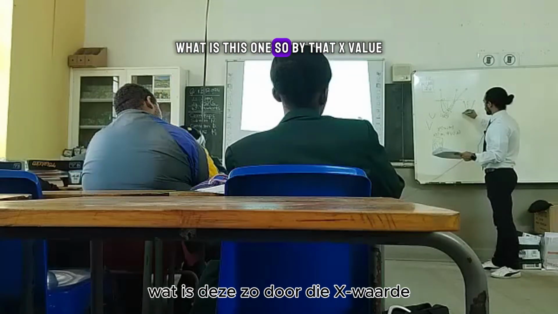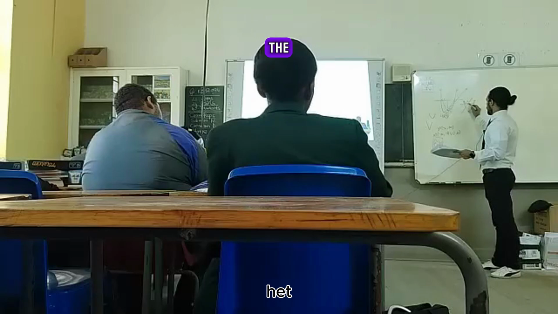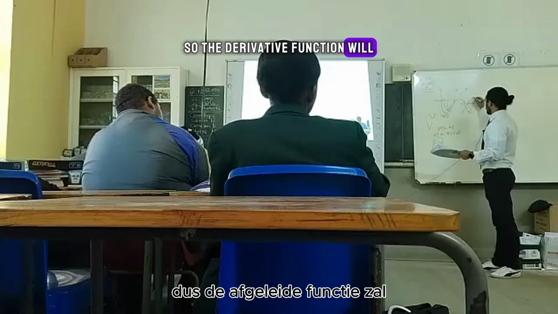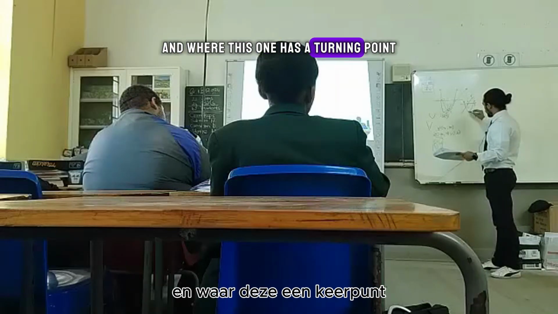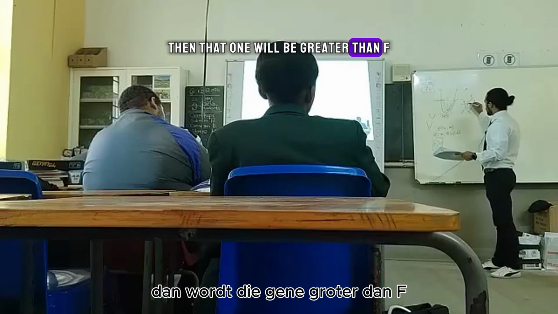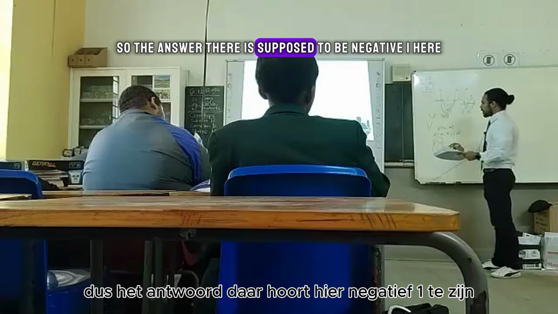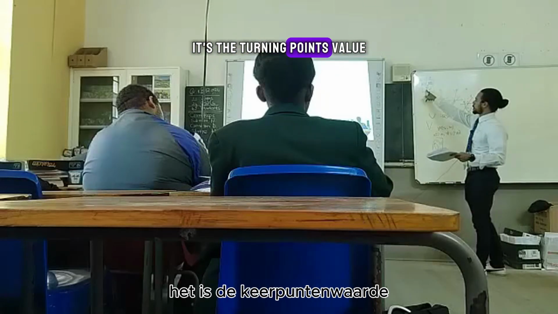So by that x value, if this is f and this is the derivative of f, where this one has a turning point, then that one will cut through. So the answer there is supposed to be -1. It's the turning point's value.